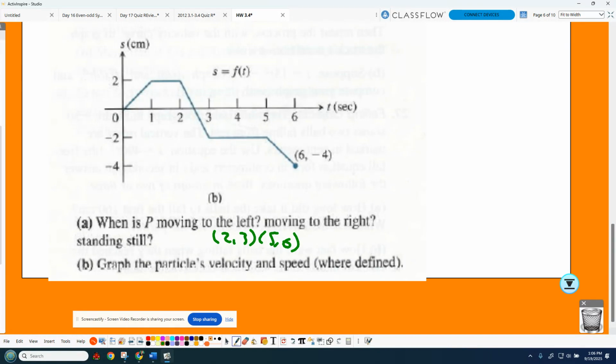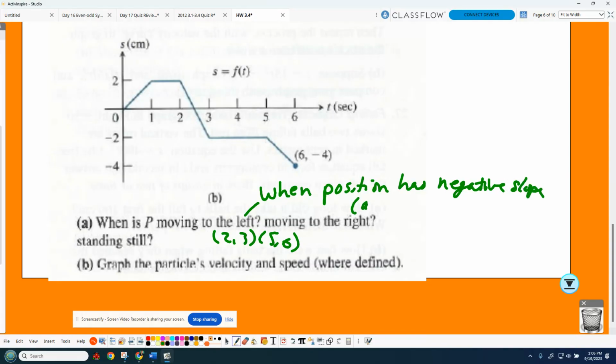Negative slope. Moving left. So, when the position function has negative slope, the velocity is negative. When the velocity is negative, it's moving left.